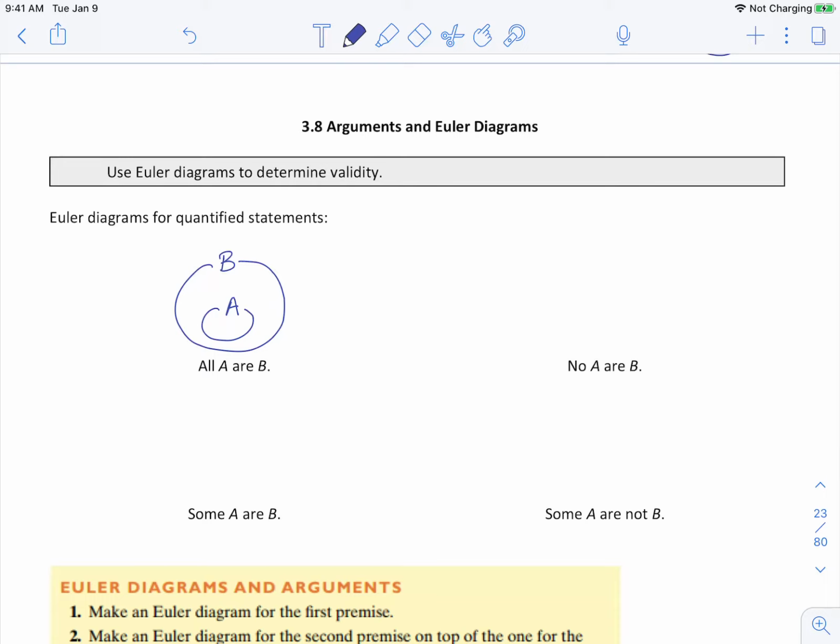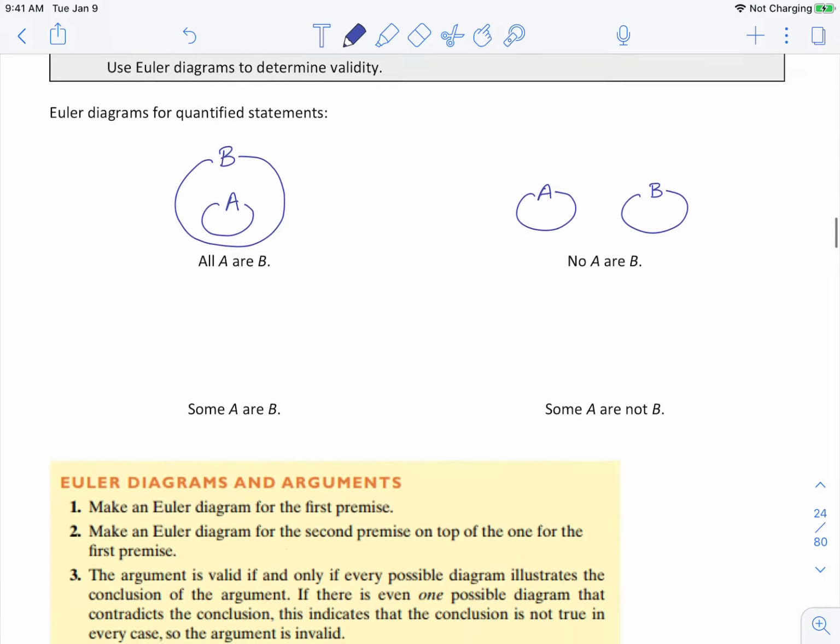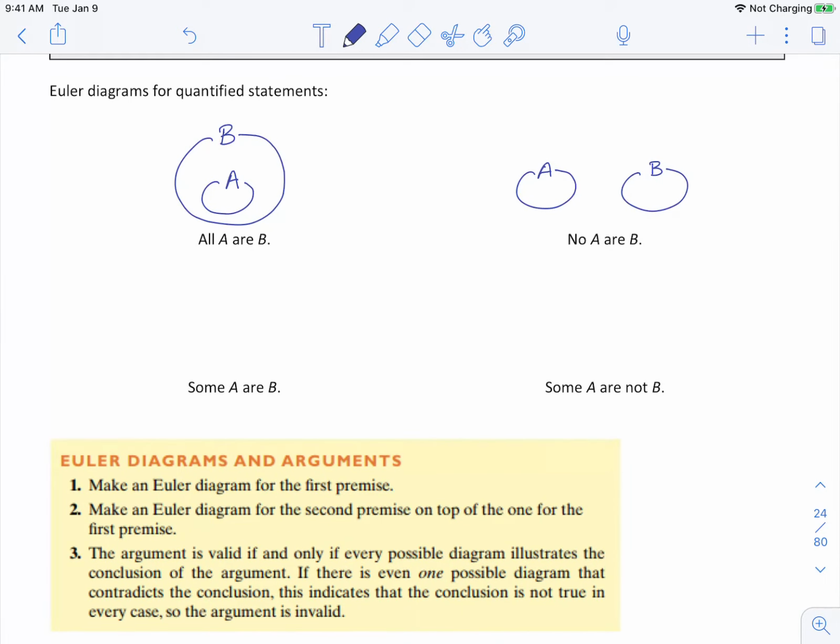Next, we have no A are B. So I have a group A and a group B, and because none of them are in common, they are completely separate circles. For some A are B, I have a circle for group A and a circle for group B. And I know some A are also in B, so we're talking about the ones that are right here in the overlap section.